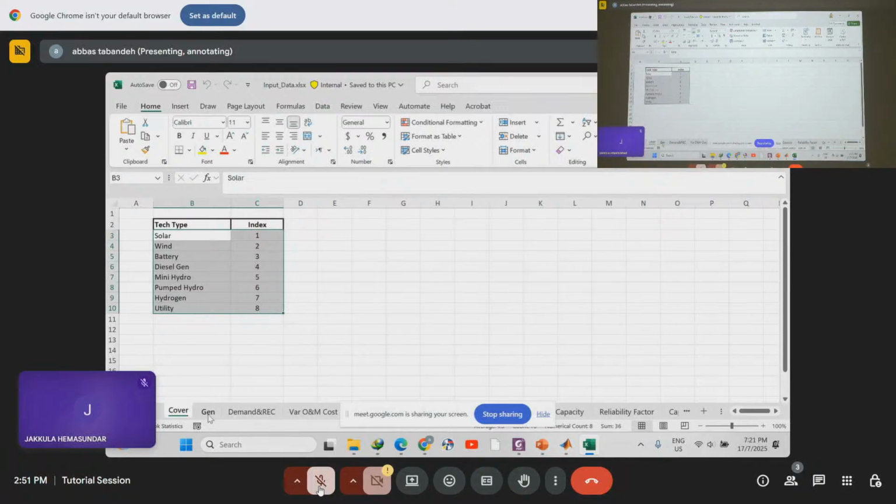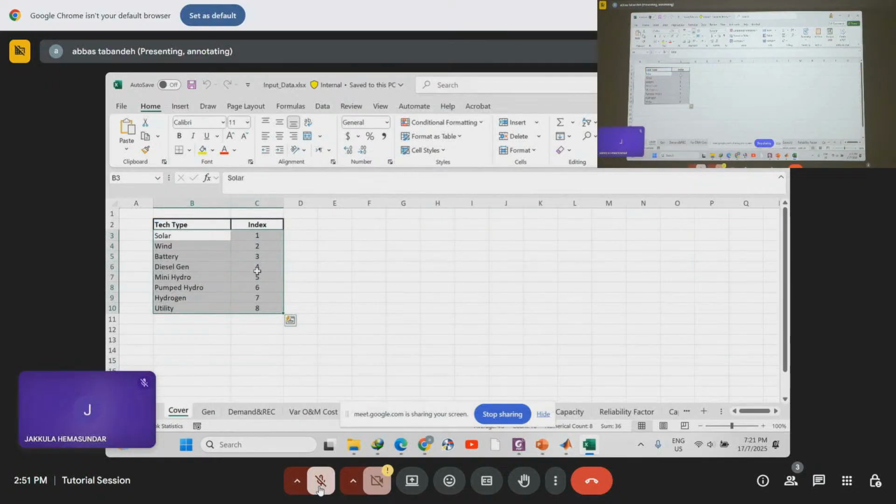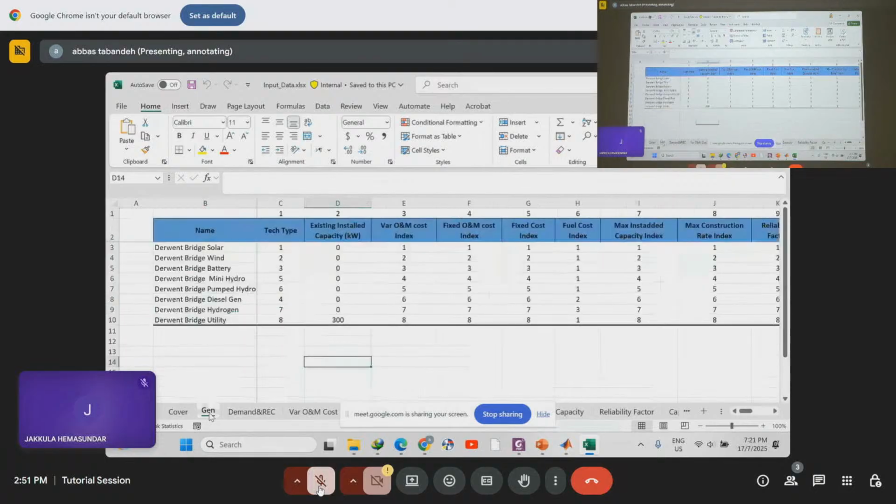Then in another sheet, we can see some input parameters relating to the generators. Again, in one column, we can see technology type, 1, 2, 3, 4 to 8, which are these technologies. We have used those numbers for solar, wind. They are important for us because in the MATLAB coding, we need to refer to these technologies.